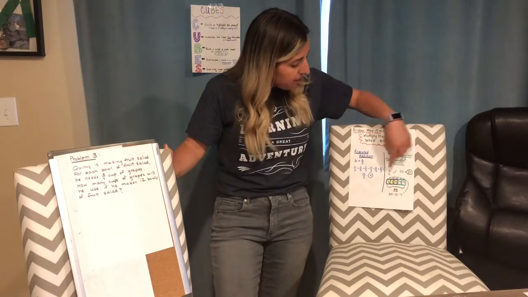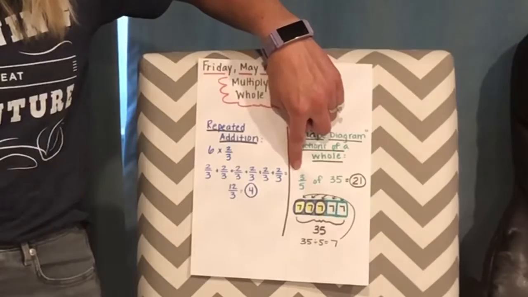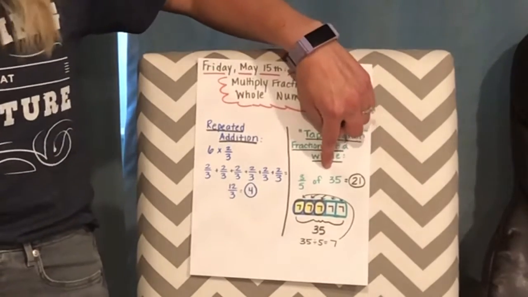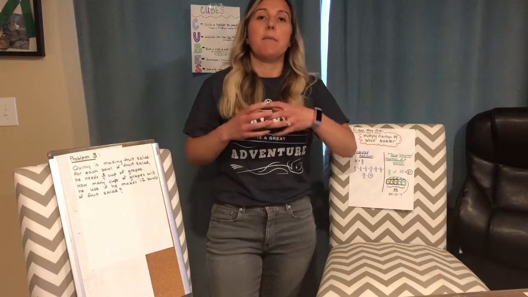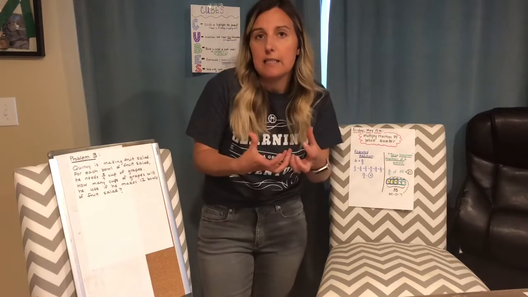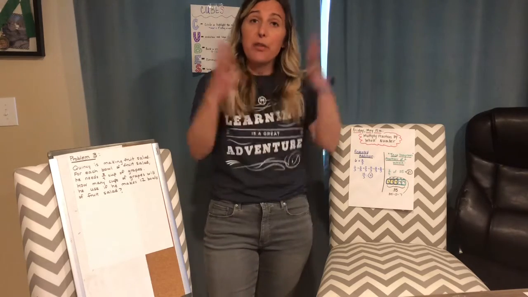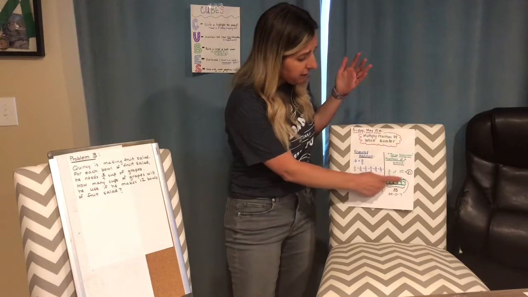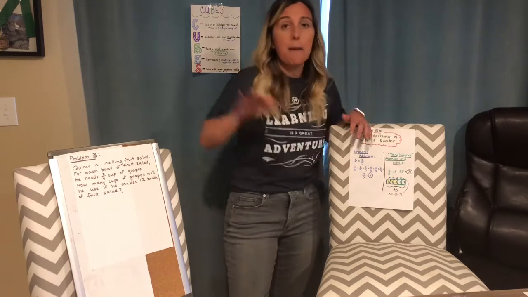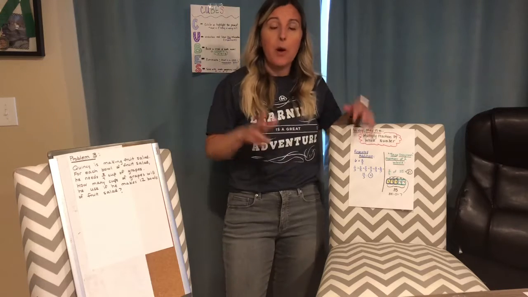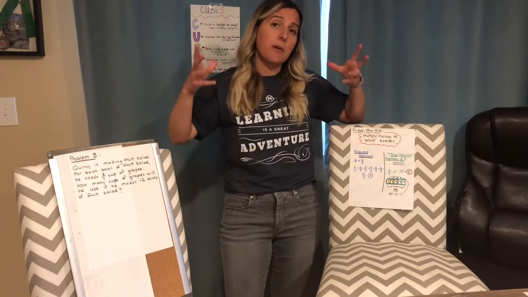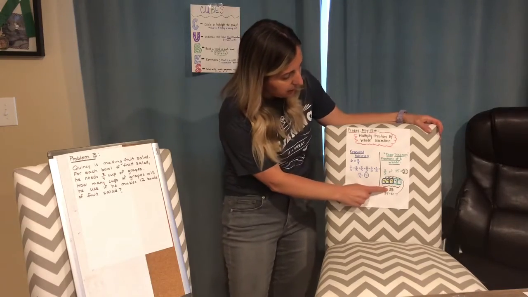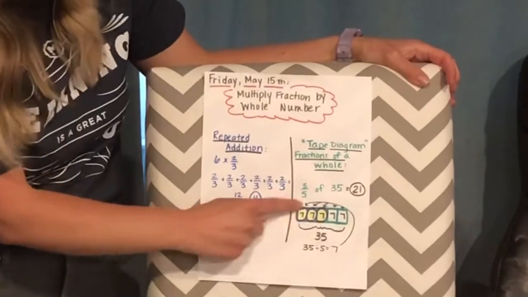So for example, if I want to find what 3/5 of 35 is, I know that I'm taking a piece or a part of 35. So in this example, 35 is going to be my whole. So on my strip, it's going to be representing 35, as you see over here, okay?